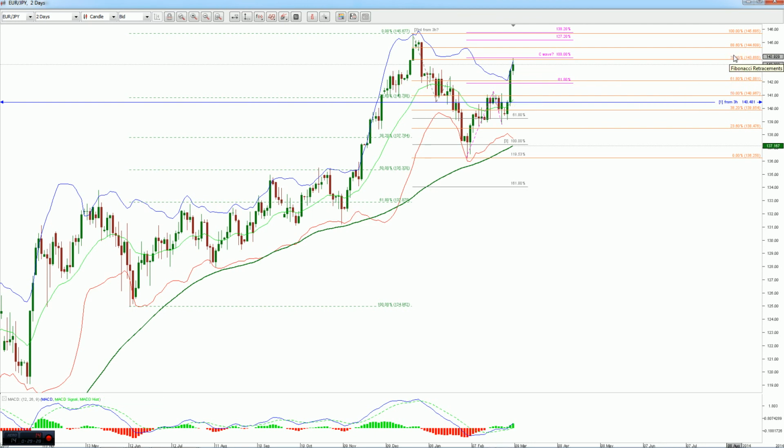At the same time, we've got a 78.80 level as well in this area, and the MACD broke below the zero line, and those highs on the MACD indicator and on the MACD histogram are lower than this high here.